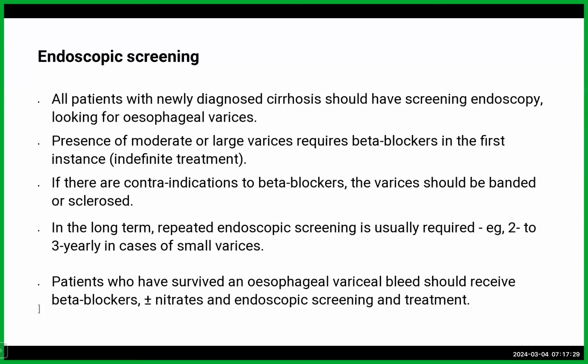In the long term, repeated endoscopic screening is usually required, at 2 to 3 year intervals in cases of small varices. Patients who have survived an esophageal variceal bleed should receive a beta blocker plus or minus nitrate, and endoscopic screening and treatment.